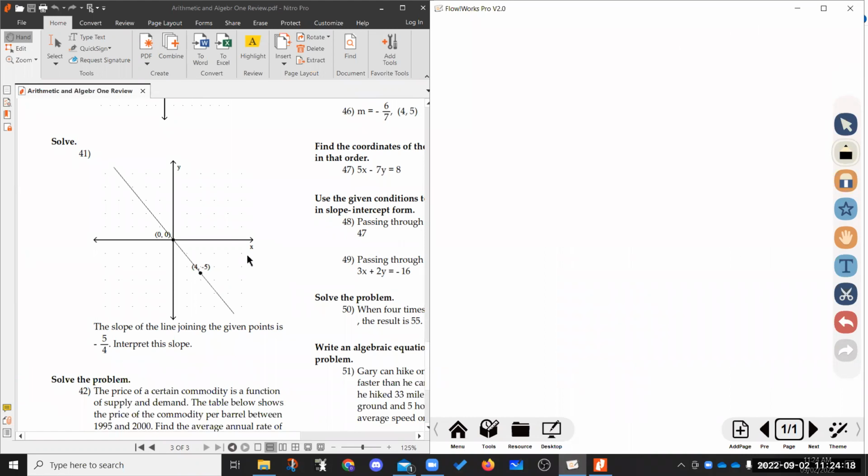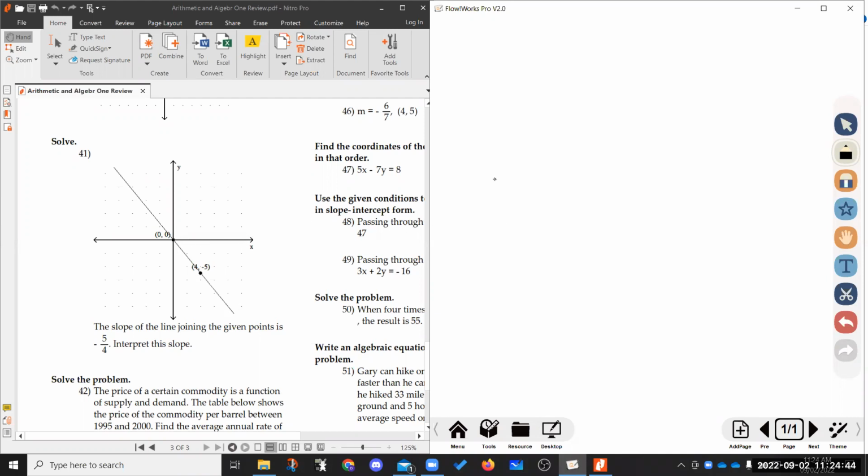And then interpret the slope. That means that for every 4 units that I go to the right, I'm going to go 5 units down. This is a rate of change here for whatever this unit is this way.